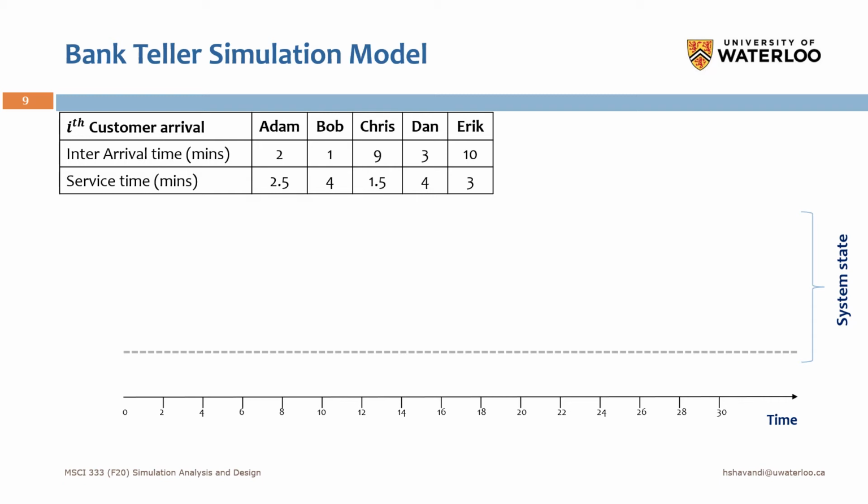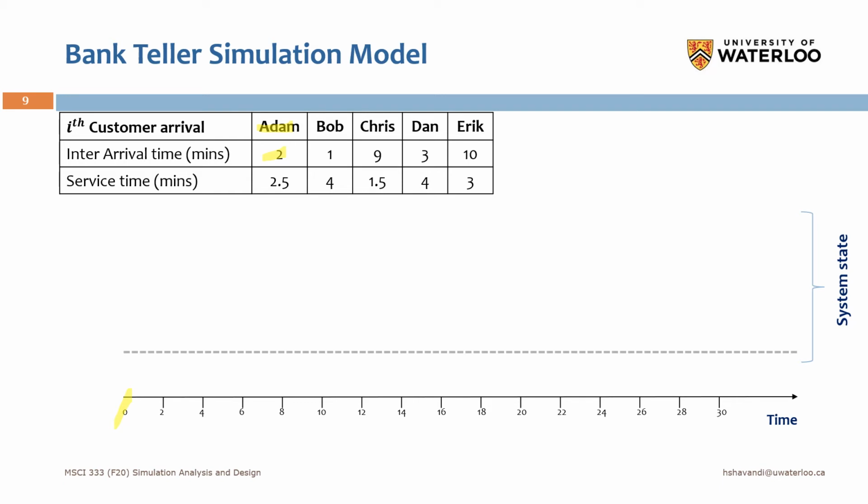By having the random variables for inter-arrival time and service time, we know that the first customer will be Adam, who arrives at time 2. We start the simulation at time 0, so from time 0 to time 2 there will be no customer in the system, because the first customer is supposed to arrive at time 2 based on the random variable generated by the exponential distribution.